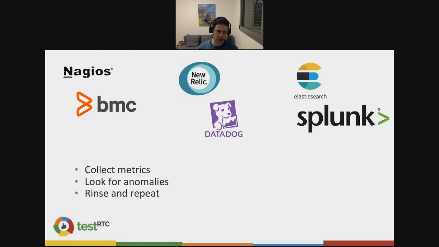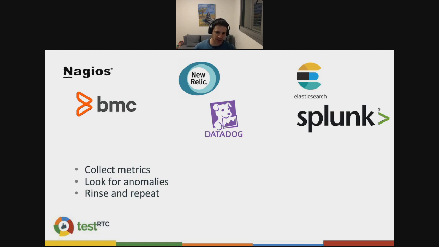And the way you do it today is by using different types of tools like Nagios or BMC, which we go and install, open source or commercial. These tools can collect metrics, they look at anomalies, and then we rinse and repeat. We collect more metrics, we search for more anomalies, and we do that over time, over and over again. Now, we've got tools like Nagios and BMC. These are on-premise, focused on metrics, machine metrics.